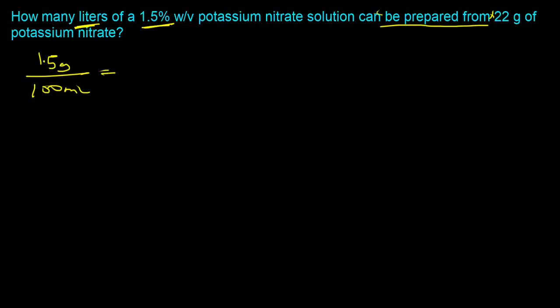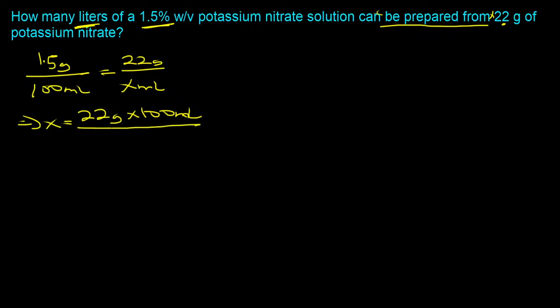Now, what we need to do is determine how many milliliters we will get from the 22 grams. Whenever we see prepared from, then typically that value goes in the numerator. So we have X equals 22 grams times 100 milliliters divided by 1.5 grams.